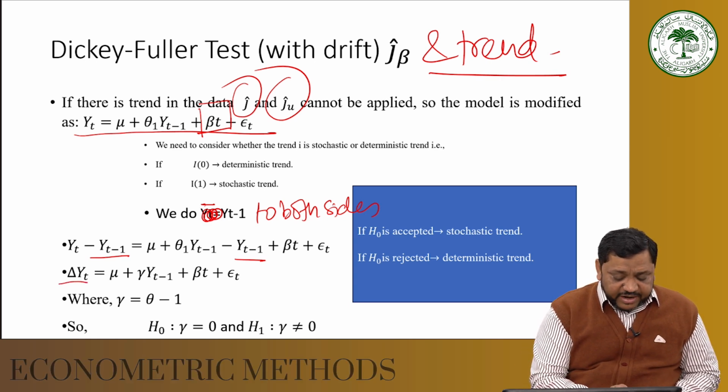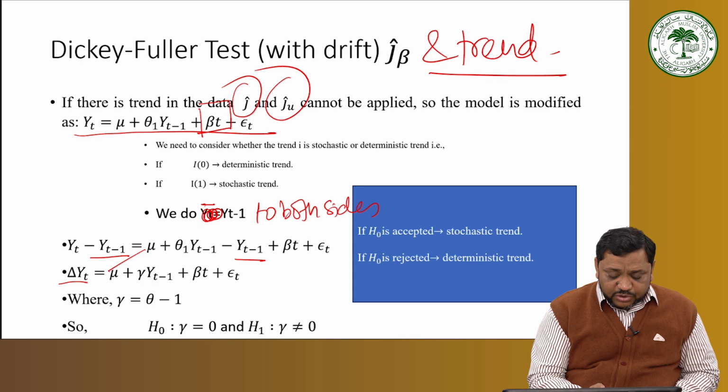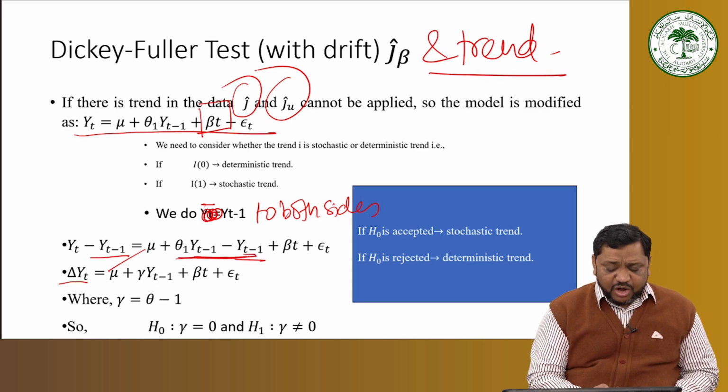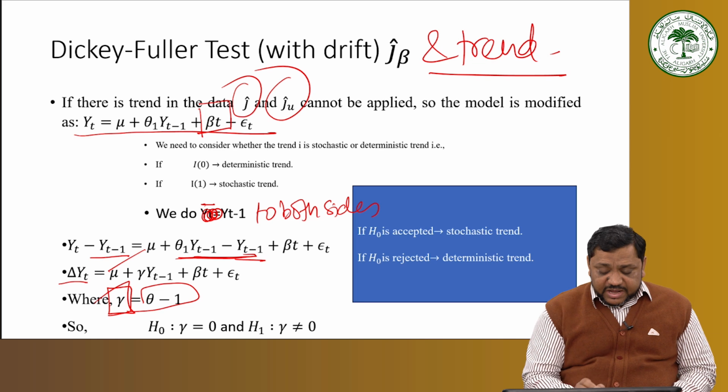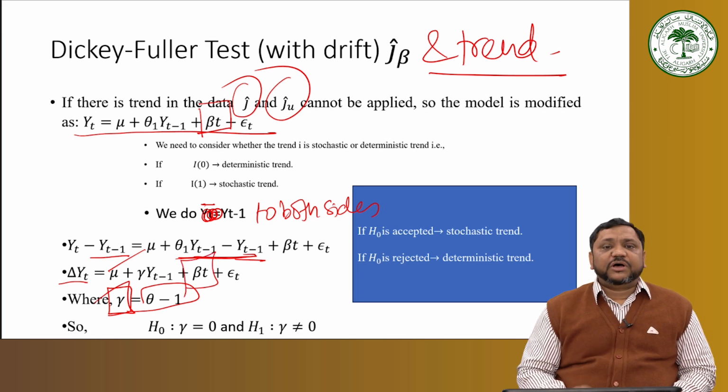We get delta yt is equal to mu plus, again we take this common, theta minus 1, which we assume to be gamma. So we directly write it gamma yt minus 1 plus beta t. Beta t is your trend element, plus epsilon t.